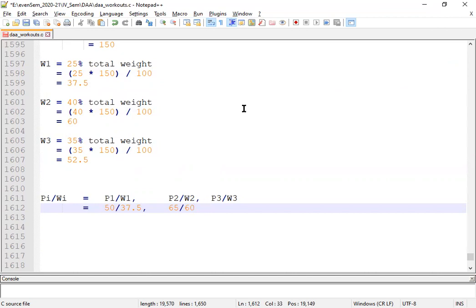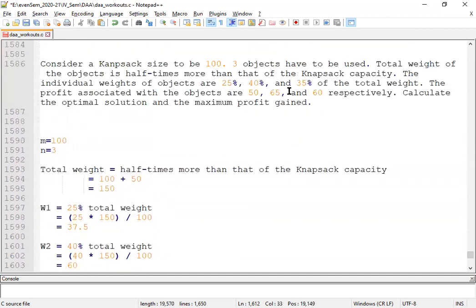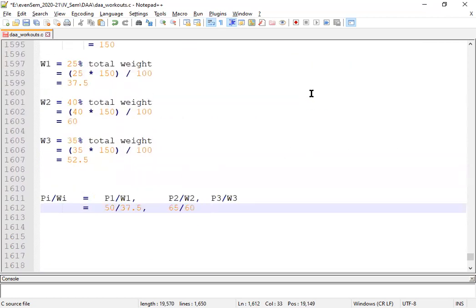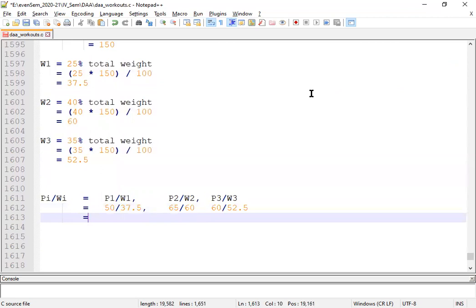Then the third one is P3. The profit of the third object is 60 in this case. So that is 60 divided by the weight, that is 52.5.